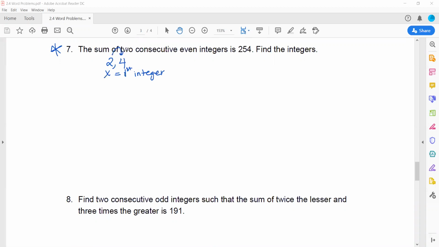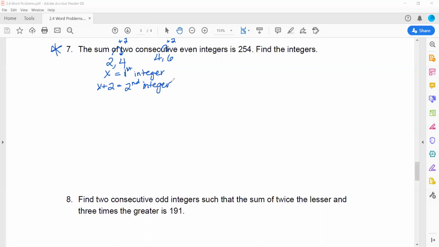Since we're talking about even numbers, and it'll be the same with odd in a second, we have to add 2. Make sure you don't multiply by 2. If we'd picked 4 and 6 instead, you can't multiply by 2. You still have to add 2. And so our second integer is going to be x plus 2. You don't have to formally define that one. I'm just going to write it down here.